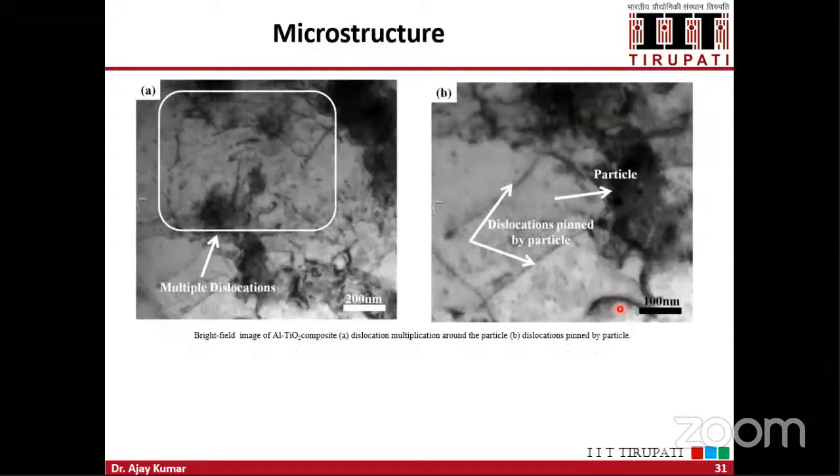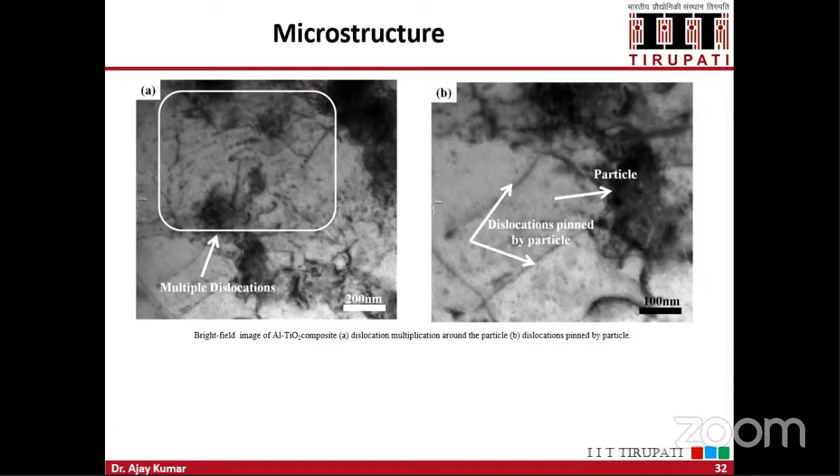The results are matching. So we have again found the strengthening mechanisms. Similarly, you can see the multiple dislocations here in the composite materials, and these dislocations are pinned by the ceramic particles, okay.